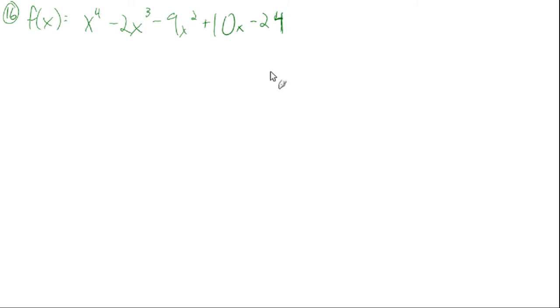So the first thing we're going to do is make a list of all the possible rational zeros. And you may notice there's just a 1 out here, so that's not going to complicate things at all. We just need the factors of 24. So we have plus or minus 1, 2, 3, we just did this, 4, 6, 8, 12, and 24.